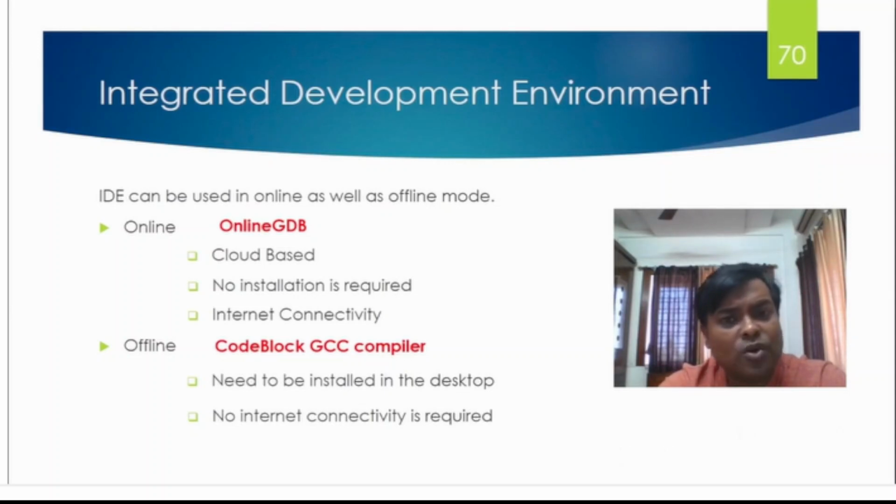You can go to Play Store and search for a C compiler, and you can get it. Now another good news is the online GDB which I am going to use here, you can also use it using your mobile. So even if you don't have any desktop or laptop, still you can use online GDB. Now let us see how to access online GDB.